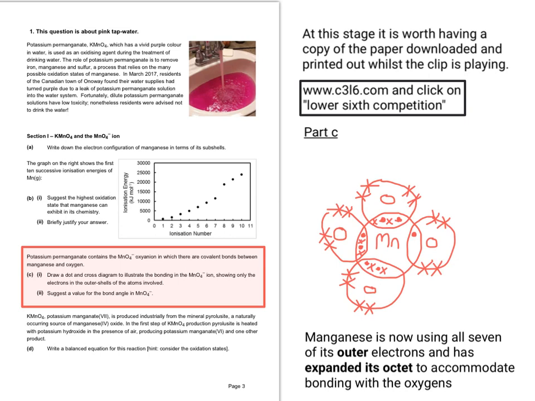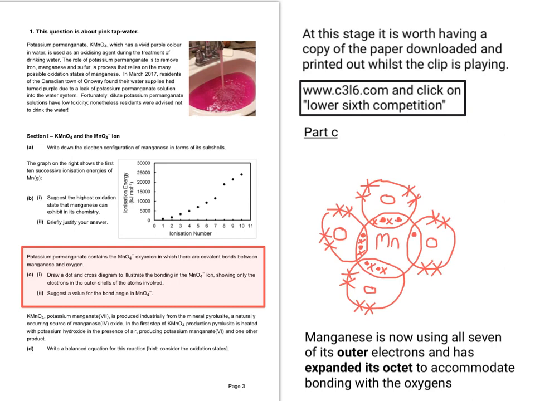You'll notice that there are actually quite a lot of electrons now in that outer shell. So there's 7 of manganese's own electrons plus the oxygen electrons. The oxygens have parked their electrons in the outer shell of the manganese. So the D subshell allows that to happen.